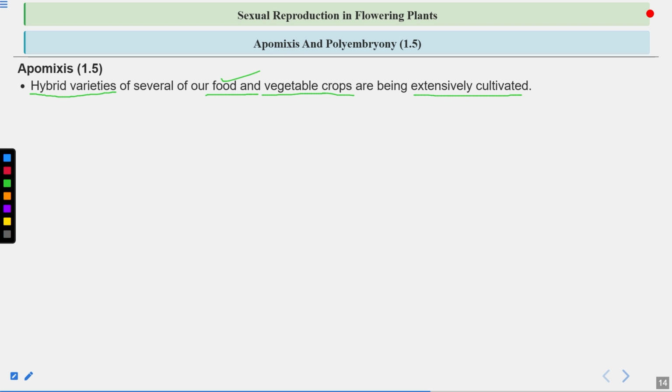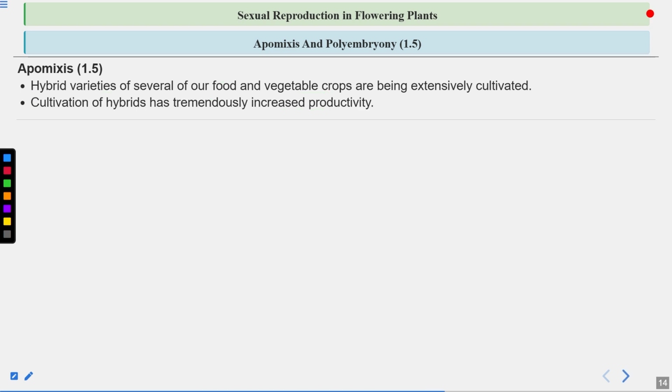Every time we see that there is no rain, less water is available, this particular plant is capable of producing more seeds in less water. This is one of the advanced characters developed by making hybrid varieties, right? So cultivation of the hybrid has tremendously increased productivity, and if you produce this hybrid variety, obviously your production will be increased, right?